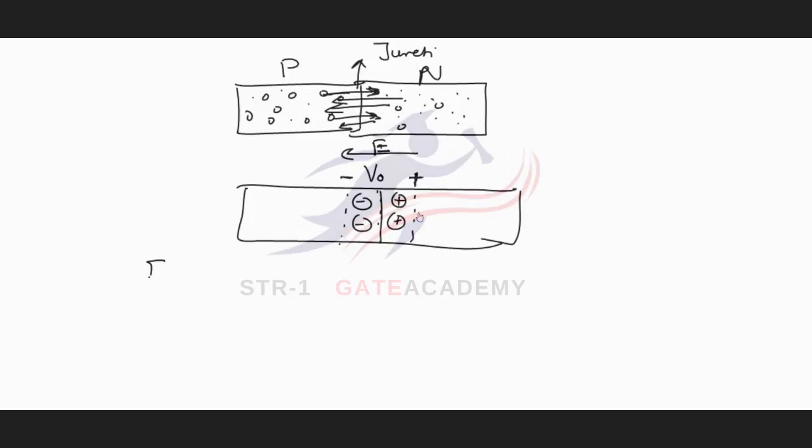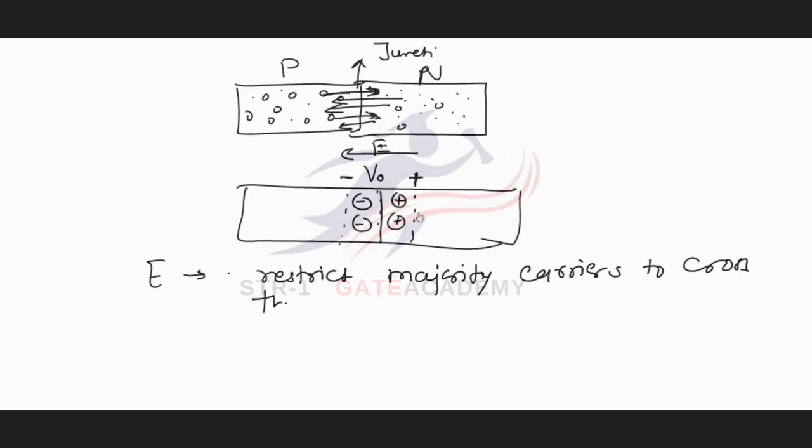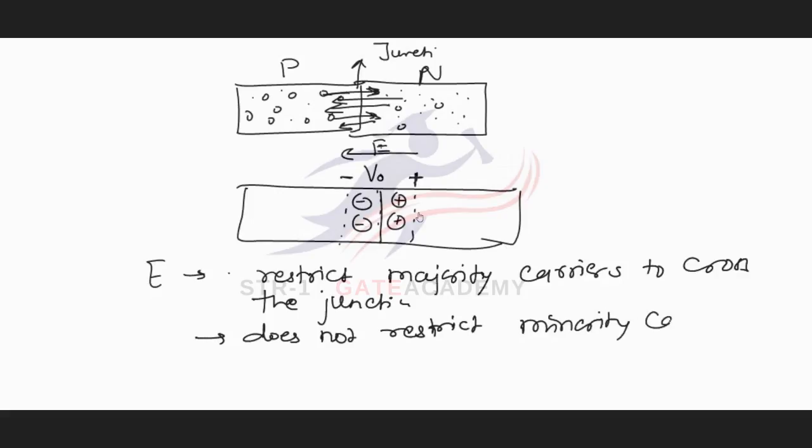This electric field E will restrict majority carriers to cross the junction, while this electric field does not restrict minority carriers to cross the junction.